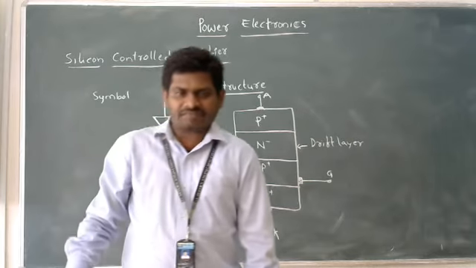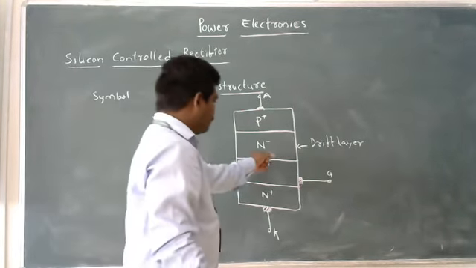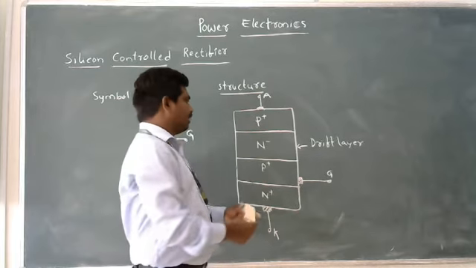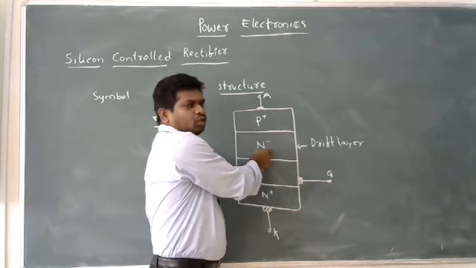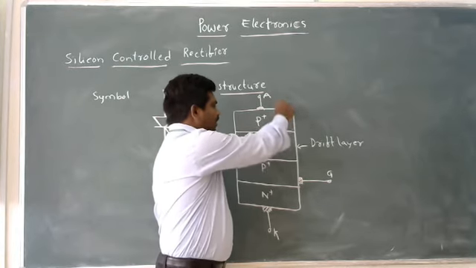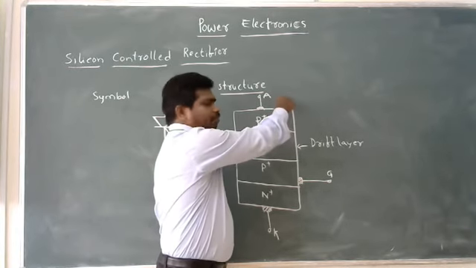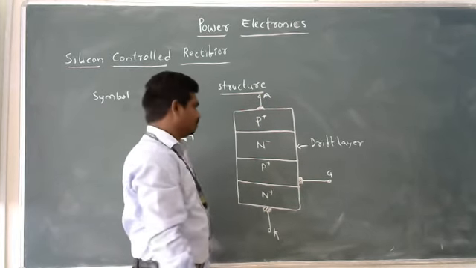Drift layer means it allows the voltage to pass to the next portion of the device. When you make this device with lightly doped material, it easily allows the values from the P material towards the N minus and to the next junction.